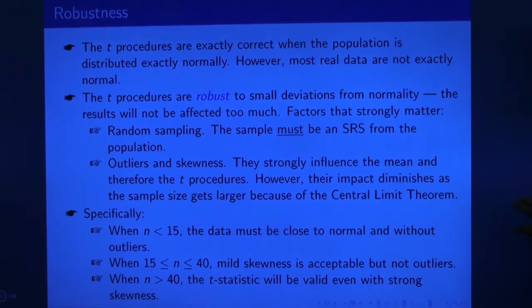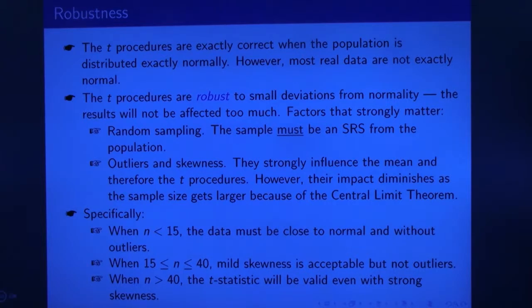Okay, next we are going to discuss the robustness of the t procedure. The t procedures are exactly correct when the population is distributed exactly normally. For a normal distribution, the t-test is the same as the z-test. However, most real data are not exactly normal.